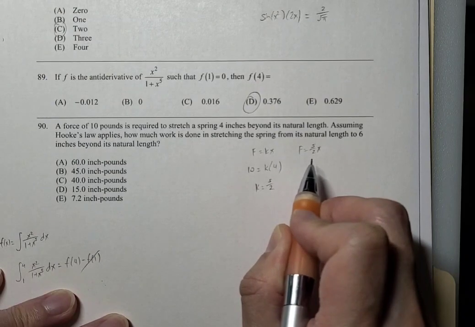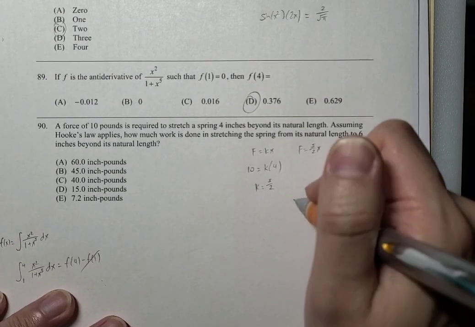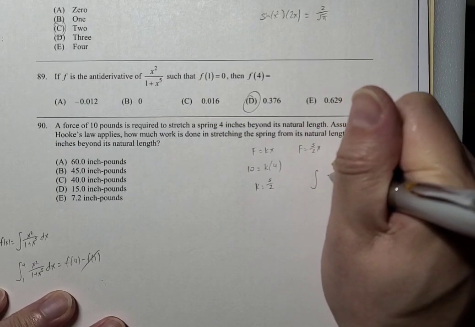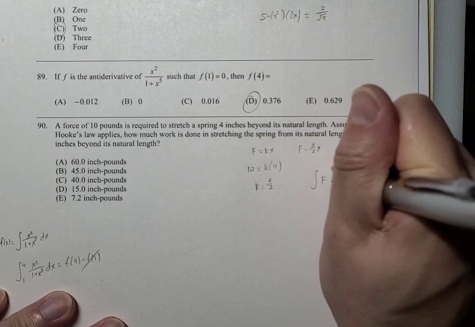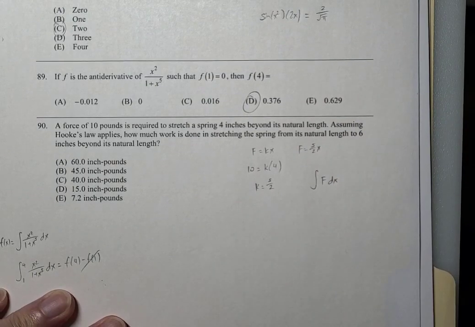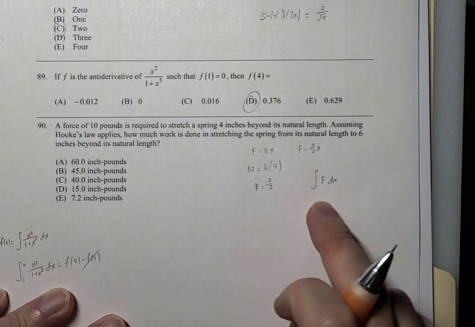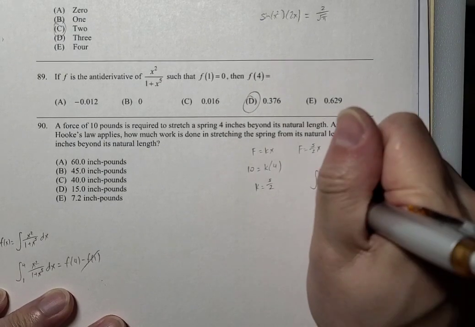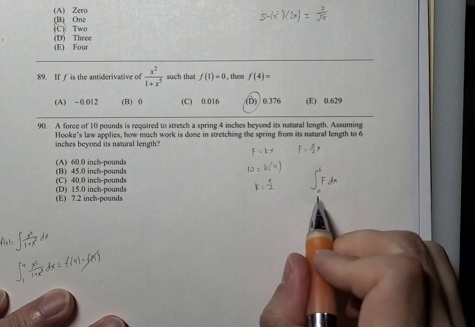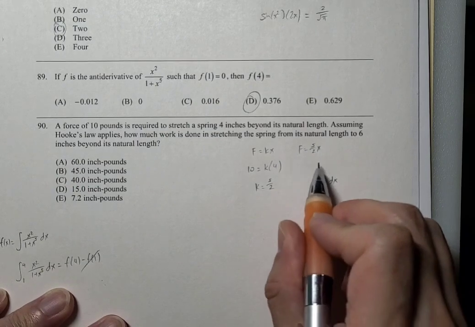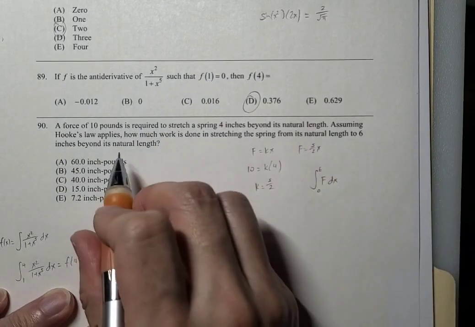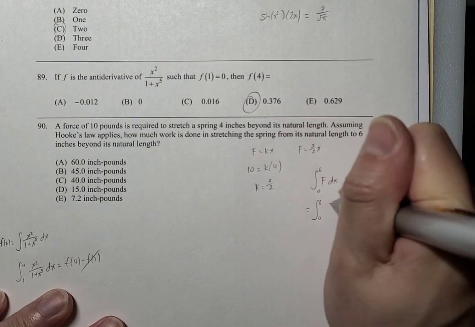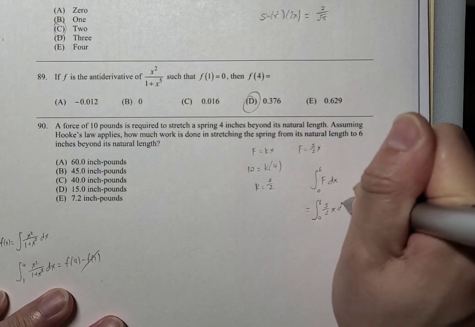So we want to simply integrate the force over displacement, okay? So the limits of integration are from 0 to 6. When it's natural, 0, stretch to 6. That's what it's asking, okay? So this is the integral from 0 to 6 of 5 over 2x dx.